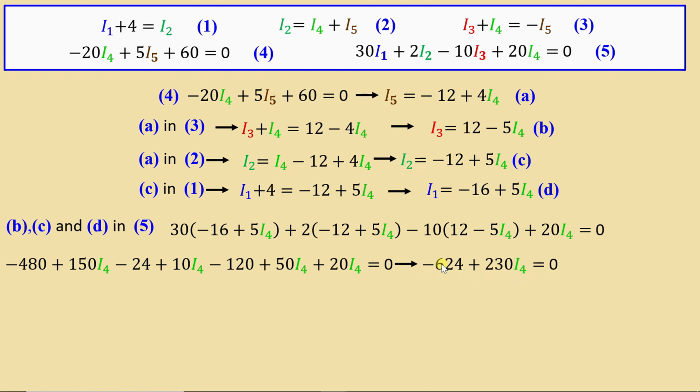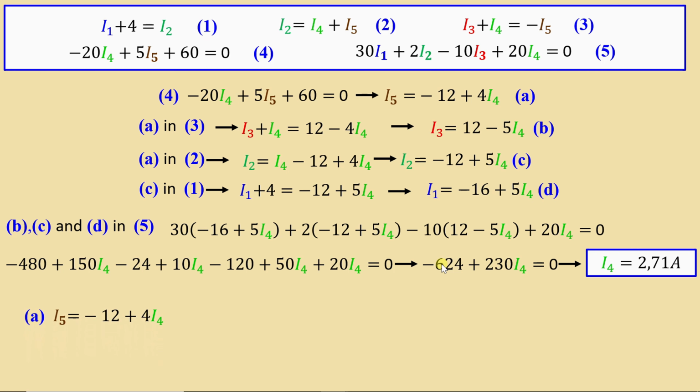Finally, we obtain negative 624 plus 230 I4 is equal to 0. That means I4 is 624 over 230, which is equal to 2.71 amps.